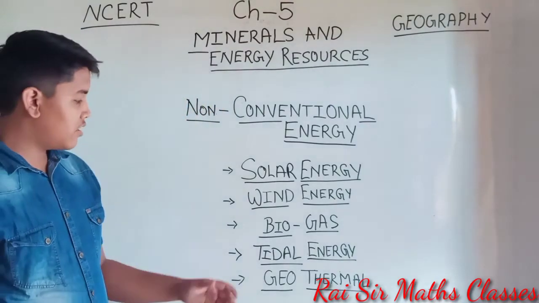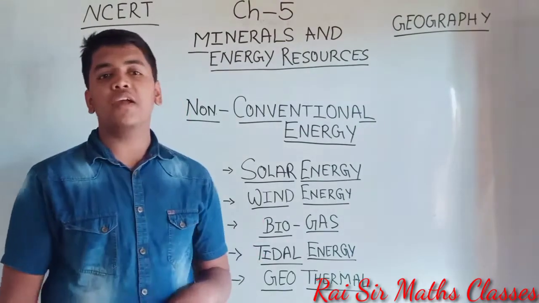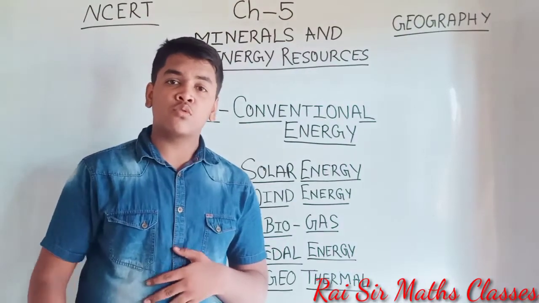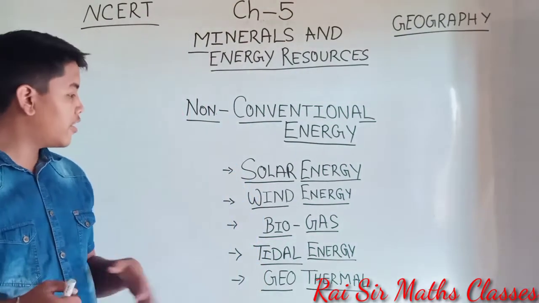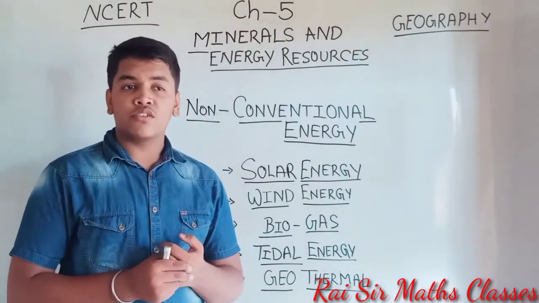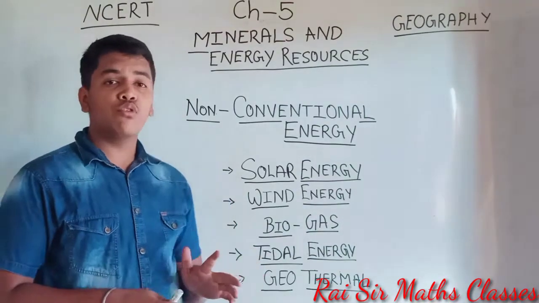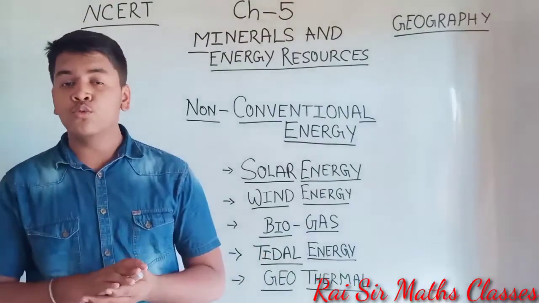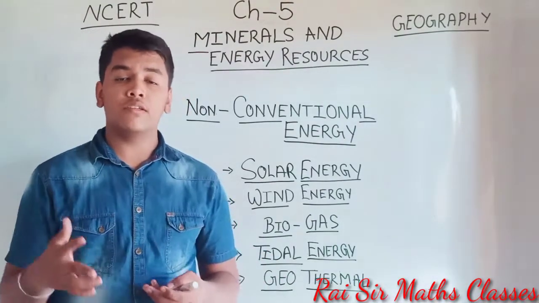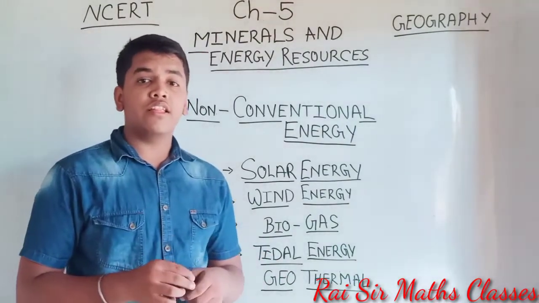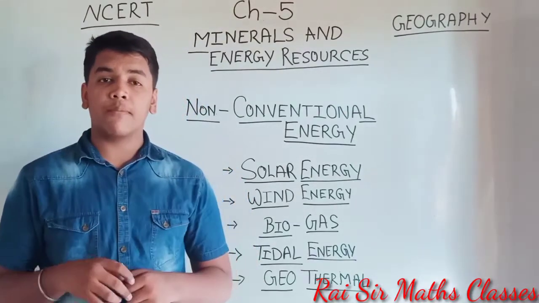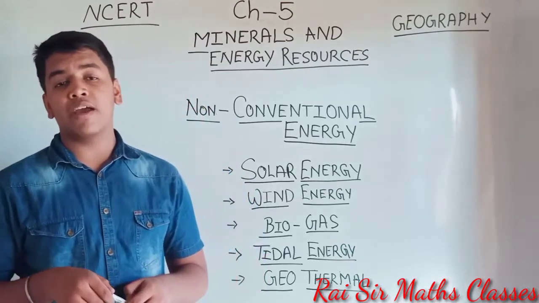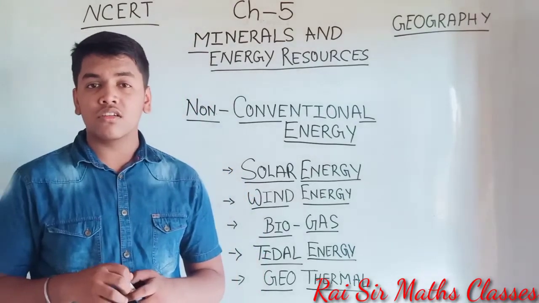As you can see, I have explained two of these topics under the conventional sources of energy, so I have written them twice. I have told you that biogas and tidal energy are used to make electricity. In place of using chemicals, we make electricity using electrons and protons.